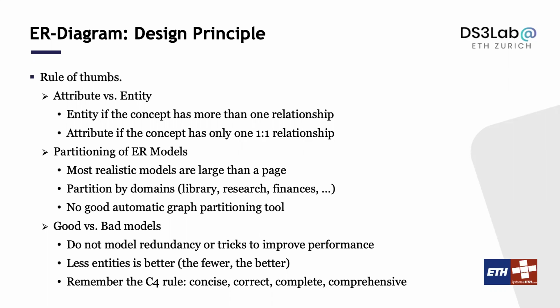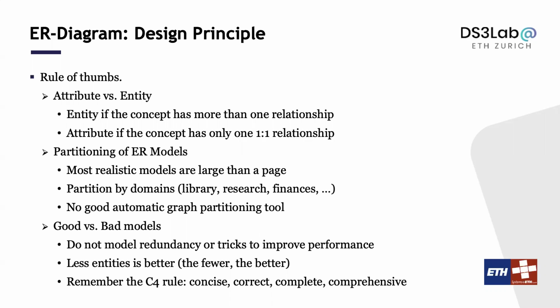For example, whenever I'm querying students, I always get the lecture the student is taking, so maybe you join those two tables together and store the information together. But when you model it, they are always separate. You do not model the tricks you use to improve performance, because we are trying to model the concept instead of the implementation.